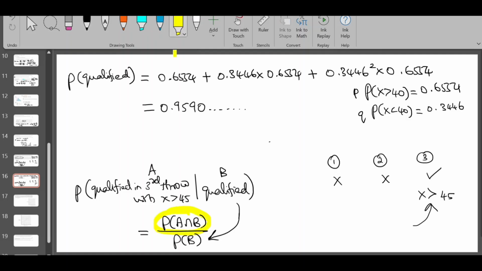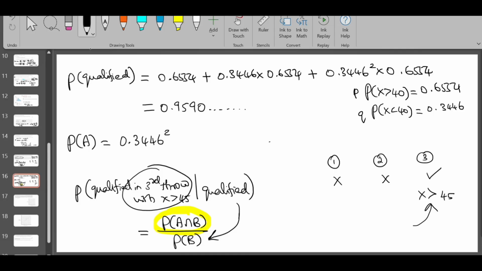Numerator is A intersection B. What is A intersection B? She qualified and the intersection of this. That means she qualified but in the third throw she threw more than 45. So think about it. P of A, the numerator. She qualified in the third throw. So the first one and the second one she failed, but in the third throw she succeeded.